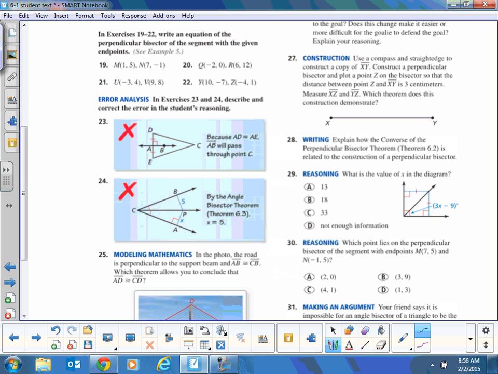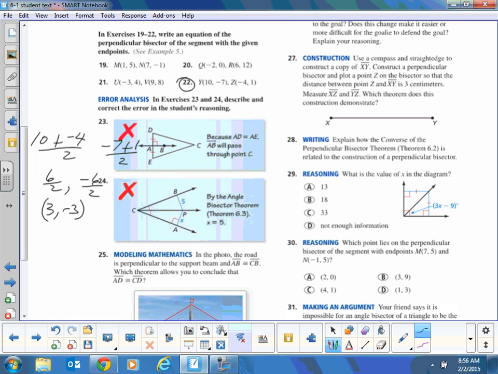22, I'm going to find the midpoint again. I've got 10 plus negative 4 over 2. I've got negative 7 plus 1 over 2. I've got 6 over 2. I've got negative 6 over 2. So the midpoint is 3, negative 3. Now I'm going to find the slope of number 22.